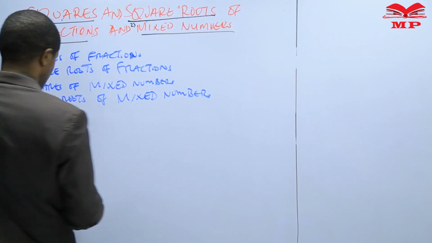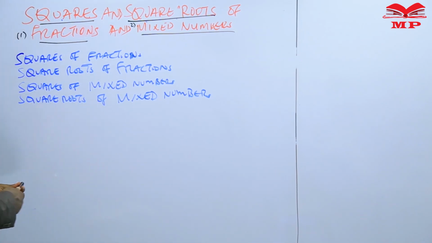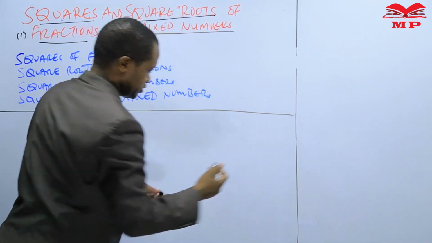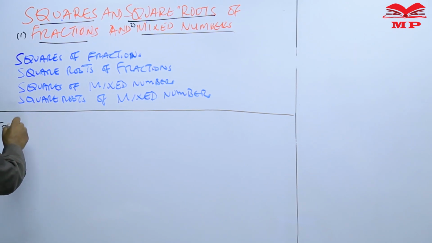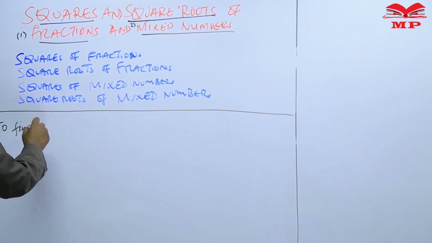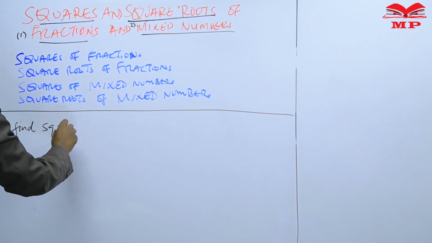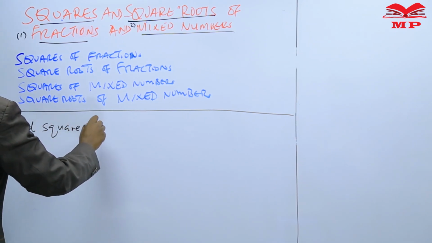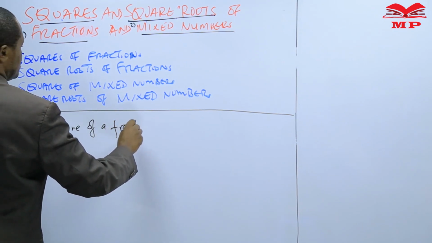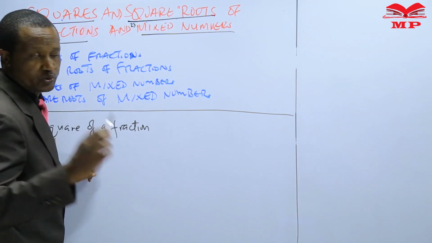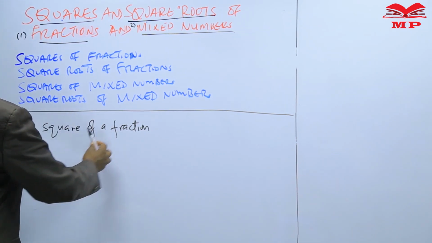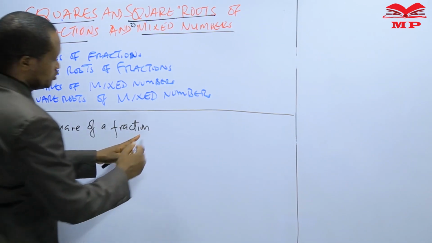We are continuing with our online classes, and let's begin by putting down a few notes, a few points. Number 1, to find the square of a fraction, what do you do?